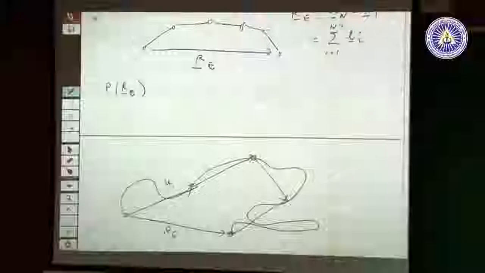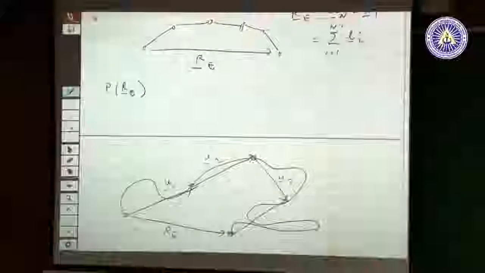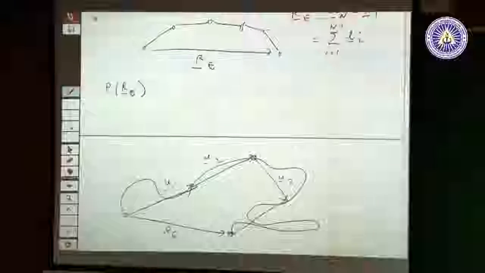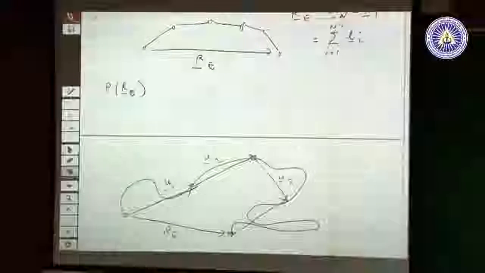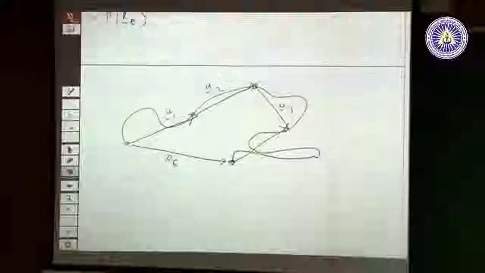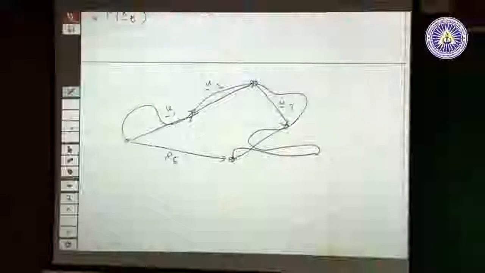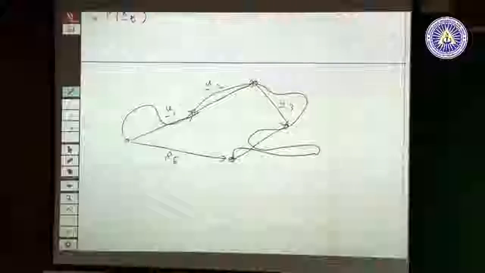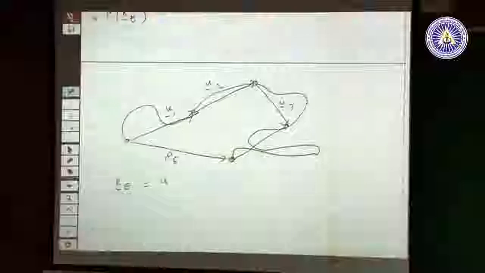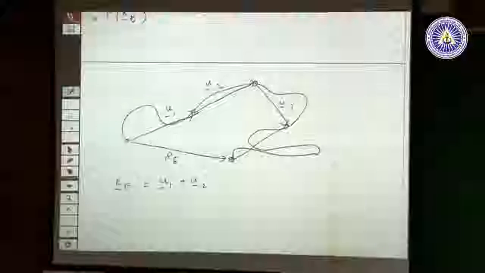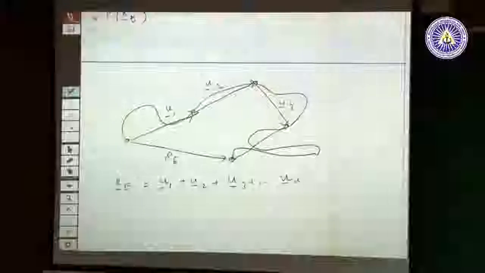We would call these U1, U2, U3 and so on. Because each subchain is made of bonds that are independent of each other, the end to end vectors of the subchains are also independent of each other. And we know that RE would be the sum of all these subchain end to end vectors. Let us say there are m of them.